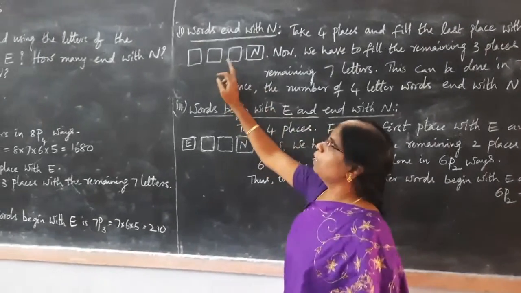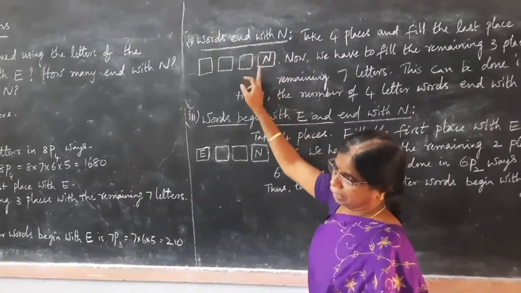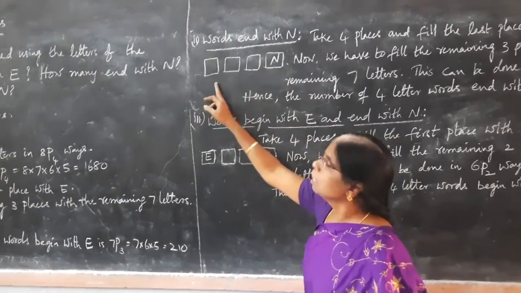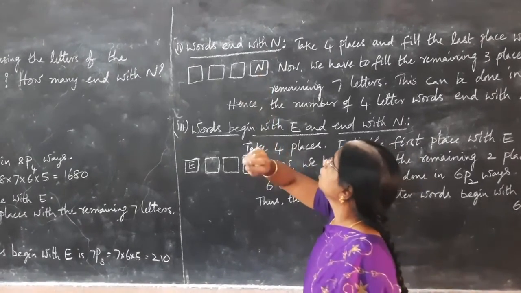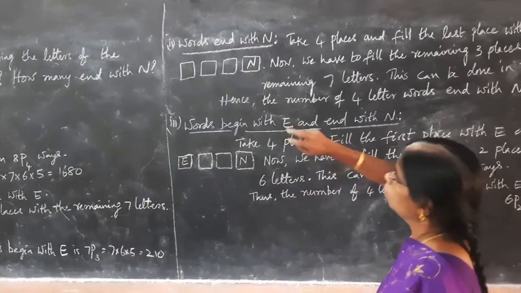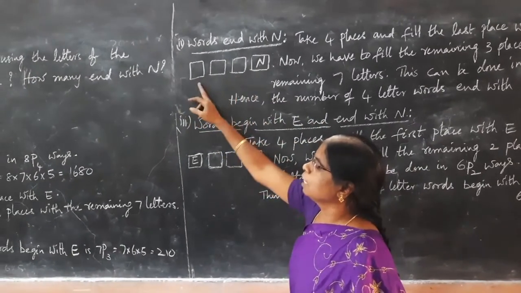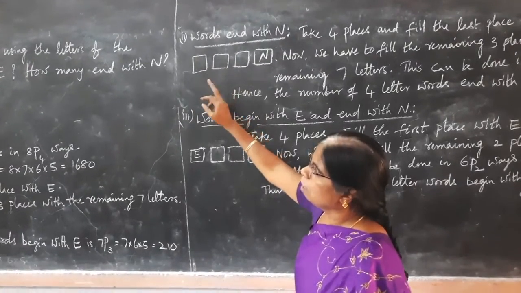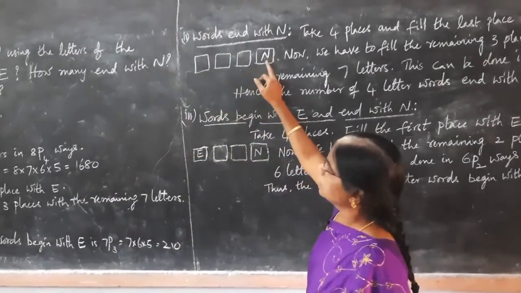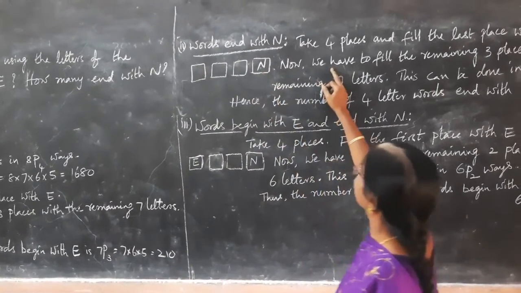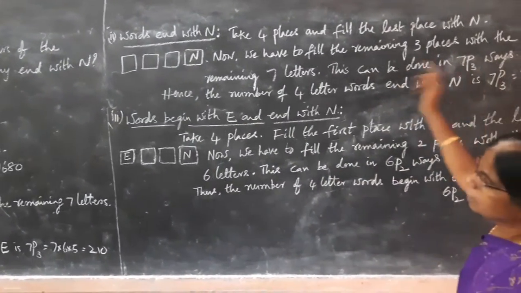Because the word has to end with N, I fill the last place with N. Now after filling this place, we have 3 places left over, and we have 7 letters after using this letter N. So we have to fill the 3 blank places using 7 distinct letters.